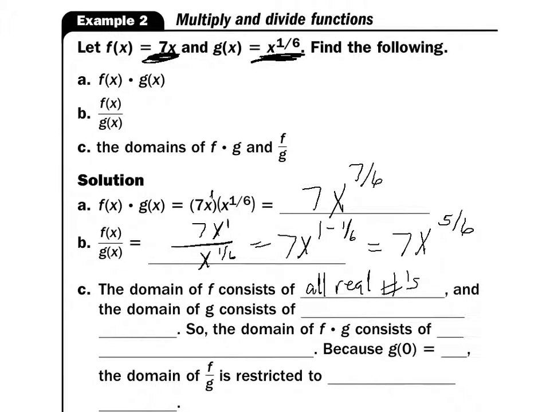Okay, that's a root again, and it's an even root, so we need the all non-negatives. So if we're going to multiply them together, we need to make sure it's all the numbers that are in both domains, so it would be all the non-negatives.